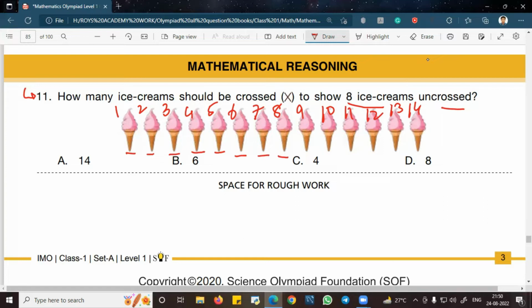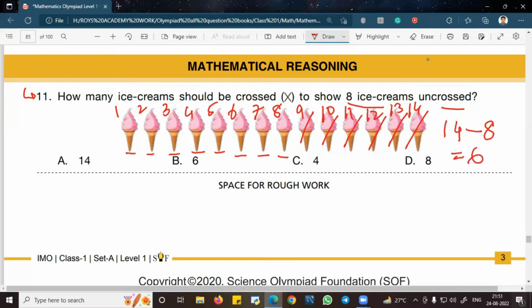Now if we want 8 ice creams uncrossed, then the other ice creams are crossed here: 1, 2, 3, 4, 5, 6. So we have 14 ice creams, and if we subtract 8 ice creams, we get 6 ice creams.